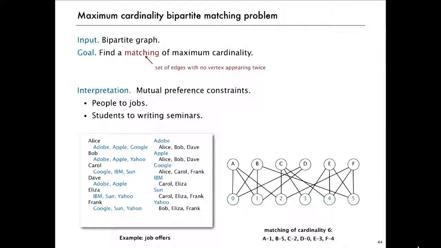Here's another example. This doesn't seem at all to have that much to do with linear programming, but it's the maximum cardinality bipartite matching problem that we considered, and that's matching students to jobs. So we've got a bipartite graph. One set of nodes corresponds to students, the other set of nodes corresponds to jobs, and we have edges corresponding to job offers.